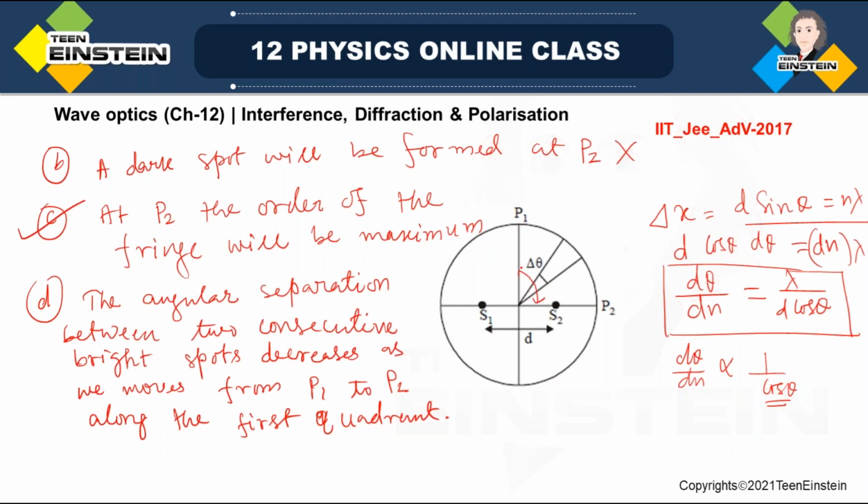Cos theta is maximum at P1, and as we go down, the value of cos theta decreases, going towards 0. Here cos theta is 0. So it is maximum here and minimum here. As cos theta becomes lesser and lesser, this fraction as a whole will be increasing.